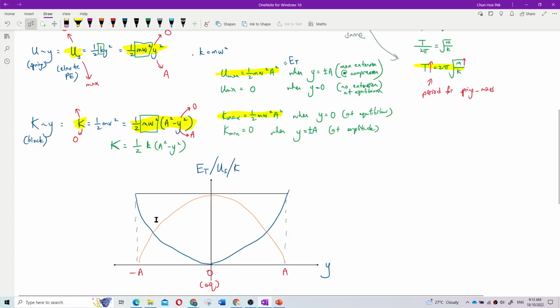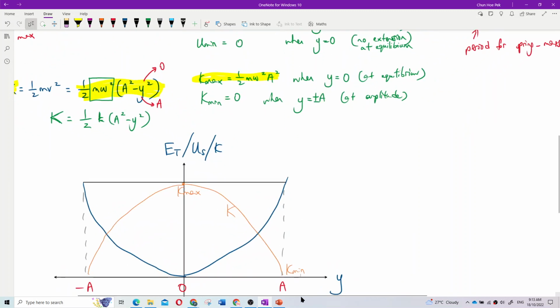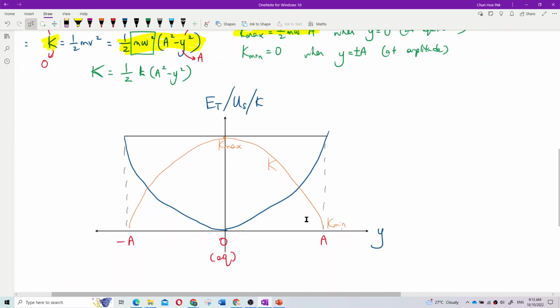So the orange one is the kinetic energy. Understand? Because it is a maximum over here, K max over here, correct or not? K minimum at, can you see it? Guys, can you see it?